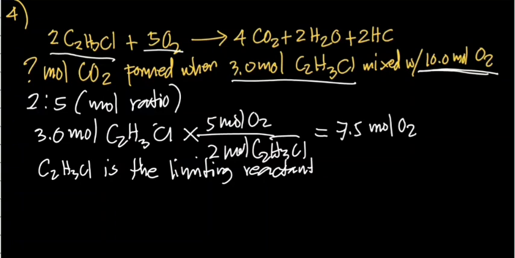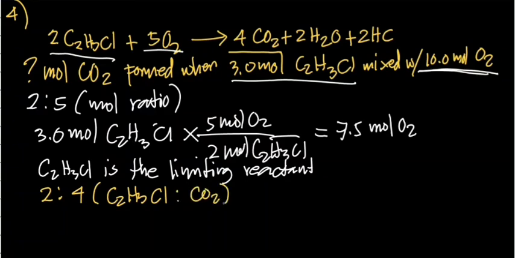Right. So from the given equation, we have 2 moles of chloroethene to form 4 moles of carbon dioxide. So the ratio is 2:4 for chloroethene to carbon dioxide. Okay. So we can reduce that to 1:2.